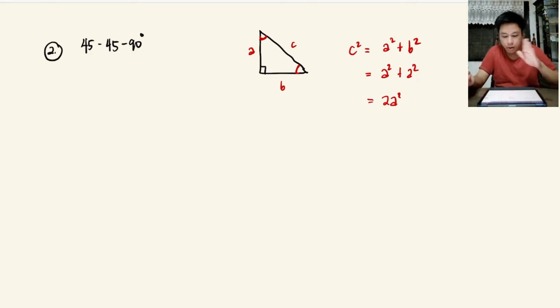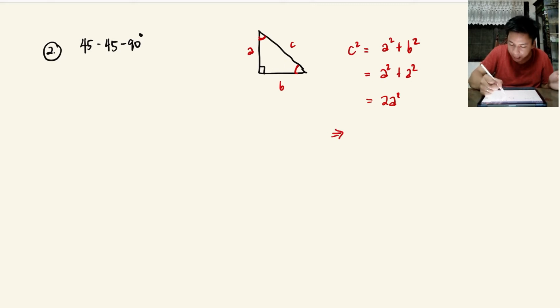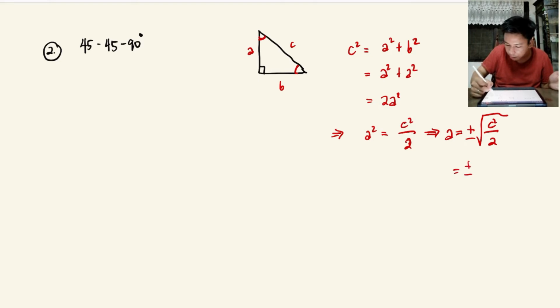Now, this implies that A squared is equal to C squared over 2. So A is equal to plus or minus the square root of C squared over 2, which is the same as plus or minus C over square root of 2.